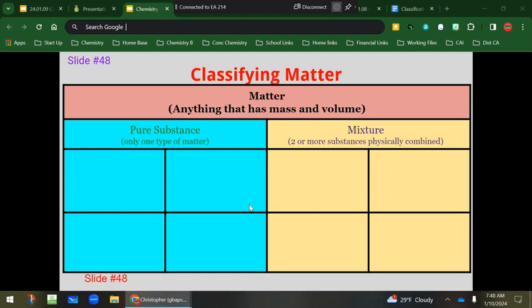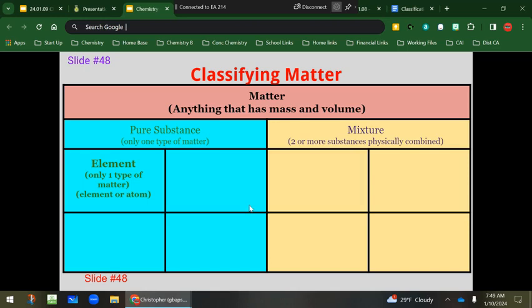Now, anybody know what the two categories of a pure substance are? What is the way to have only one type of matter? Element. You could be an element. An element is only one type of matter, and it is actually a single type of atom.